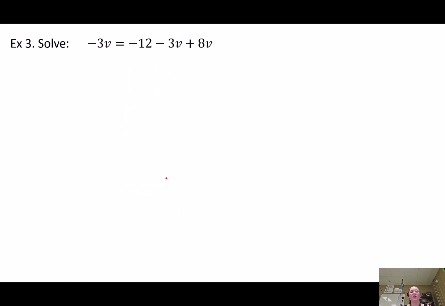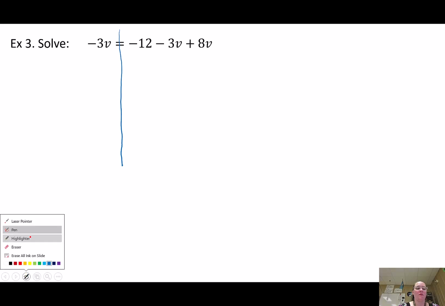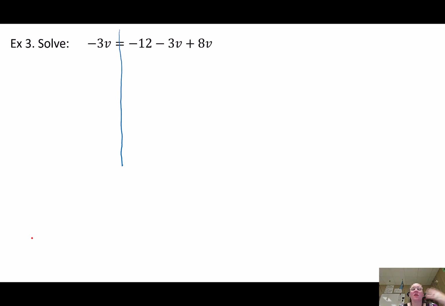All right, looking at another example. So I've got negative 3v equals negative 12 minus 3v plus 8v. All right, so looking here, the left side doesn't have anything that's like terms, but the right side does. So the left side is simplified as much as we're going to get, so we're not going to do anything there.